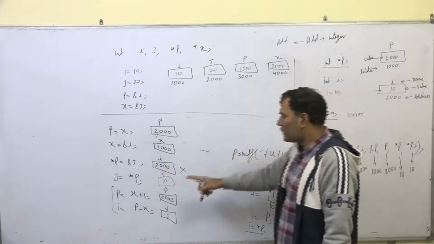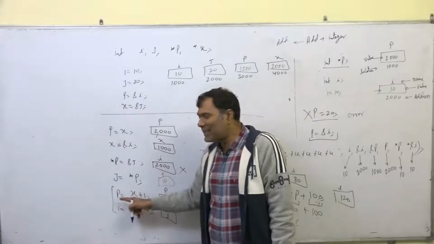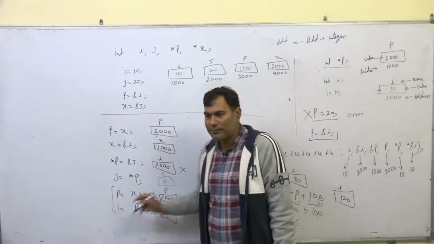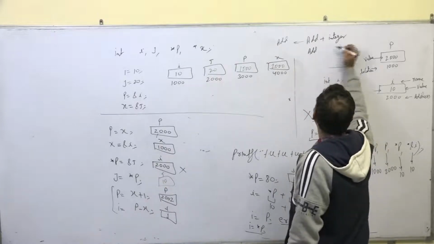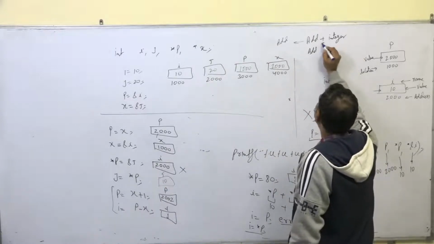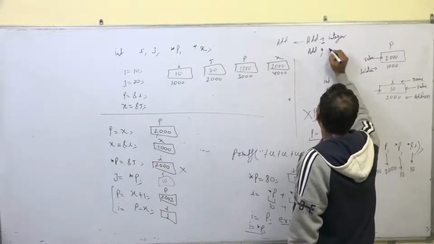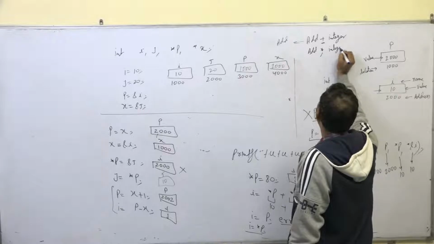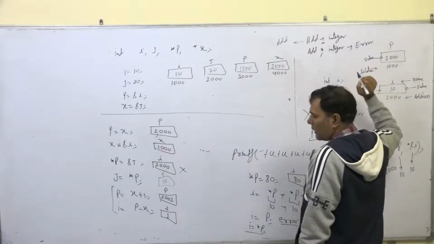So in an address you can add an integer. The result is always an address. When you perform address plus or minus with an integer, it is applicable. Address multiplication or division with an integer, it is what? Error. Got it?